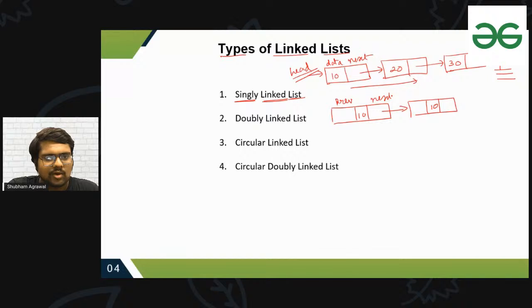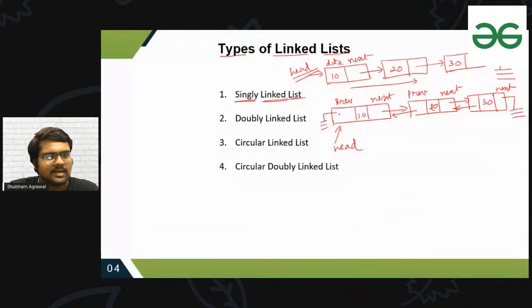Suppose this is 20, then we have another node, 30. The last node's next will point to null. The head will point to the first node, and here the previous will be null.